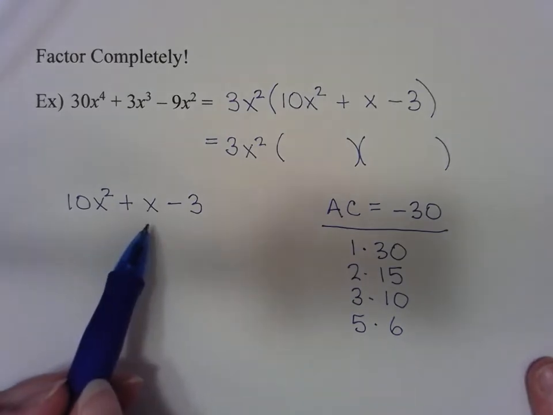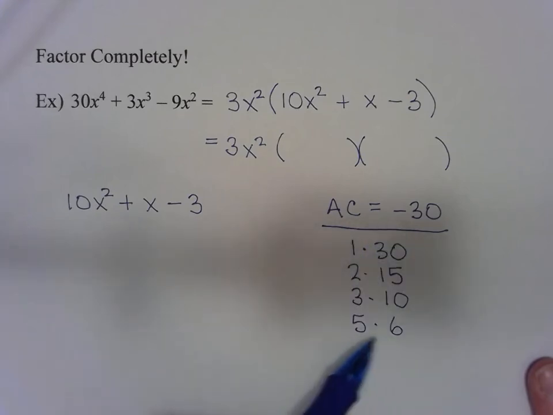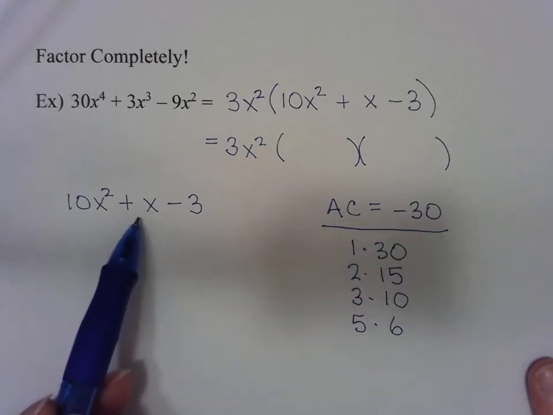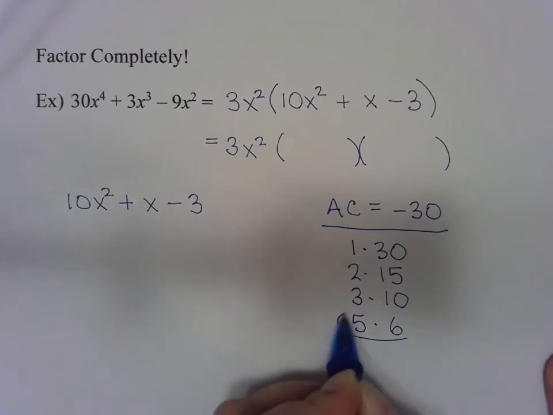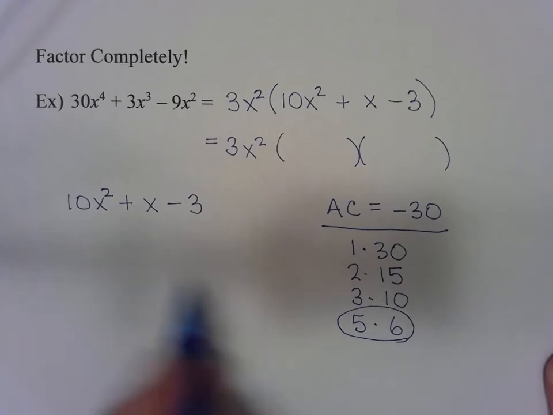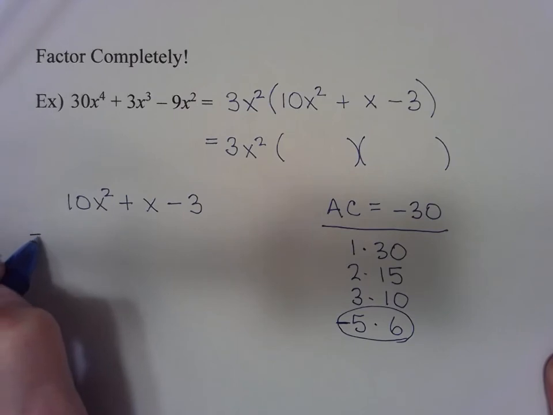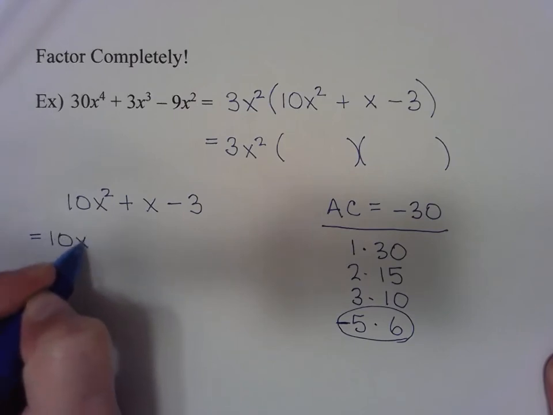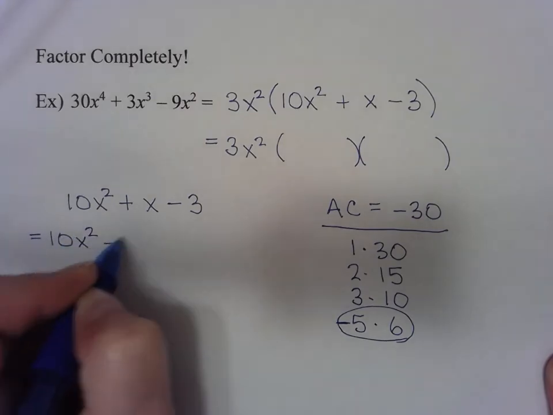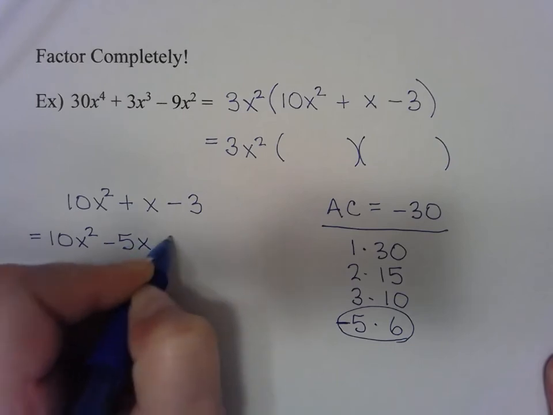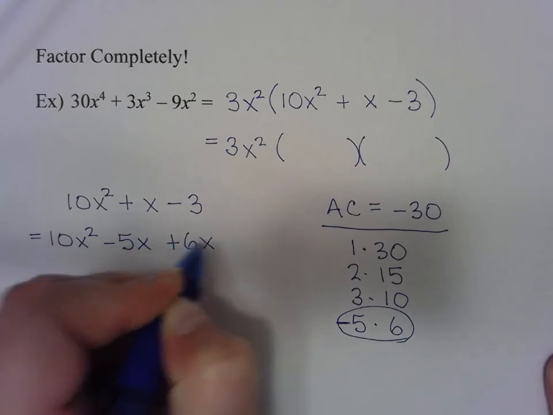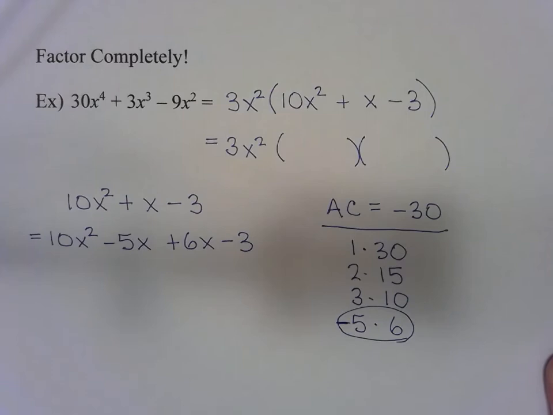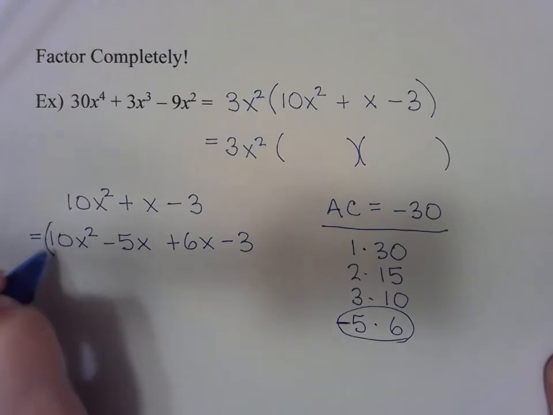Because it's negative, we need them to subtract to be 1x, right? I think this is going to work. It's a positive one, so we want the 5 to be negative. So we'll write this as 10x squared minus 5x plus 6x minus 3. Then we'll factor by grouping.